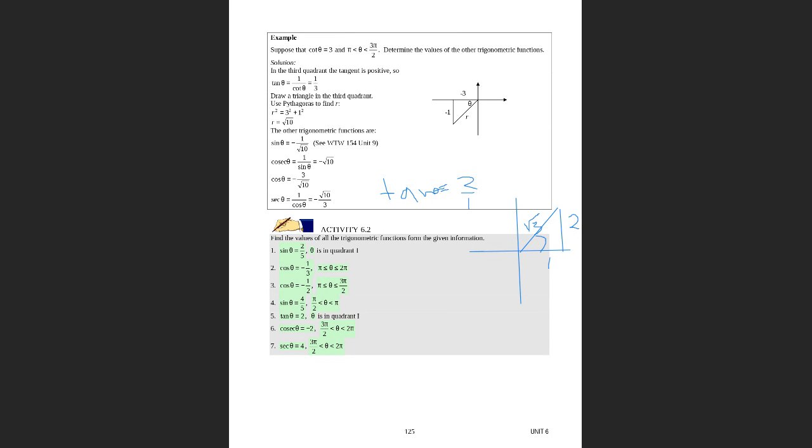Then if we look at number 6, it says that cosec theta equals -2.